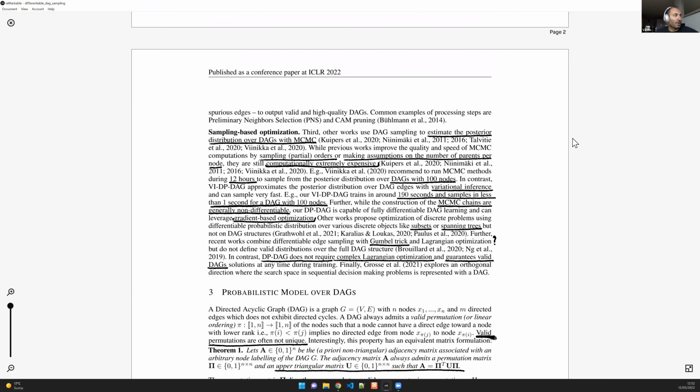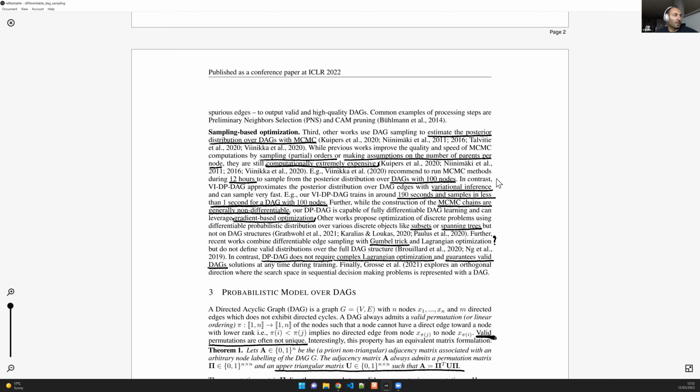And the other area is sampling-based methods. When we define the continuous versions, we can also formulate the problem as an MCMC, so we do the partial order computations, the topological order computations using MCMC sampling, but that's computationally very expensive.